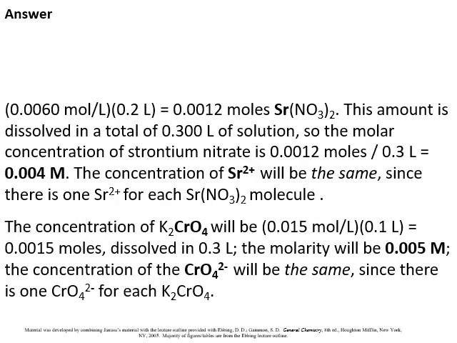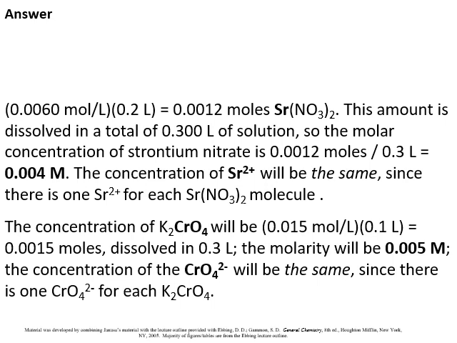So just go through this: 0.006 moles per liter times 0.2 liters, 0.0012 moles of strontium nitrate, divide by 0.3 liters to get the concentration, and it's going to be 0.004 molar for the strontium nitrate, but it will also be that same number for strontium 2+, yes.